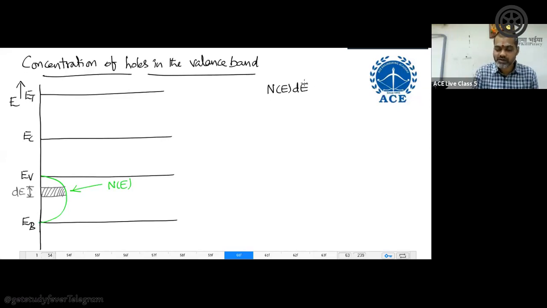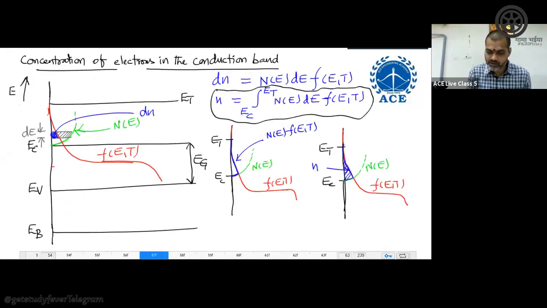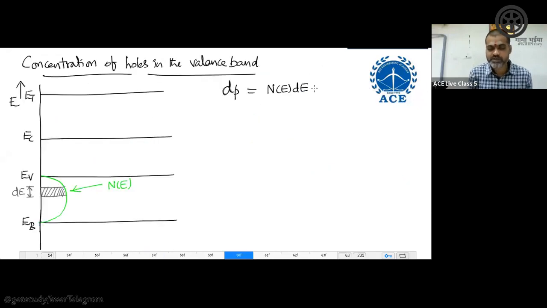Now, the total number of states is N of E, but I am considering the differential element dE. Since I have considered the differential element, the number of holes that are going to be present are also differential in nature. So dp equals, what could be the term that I need to write now? If you remember what we have written here, F of E comma T, this is the probability of finding an electron. But here what I must write?